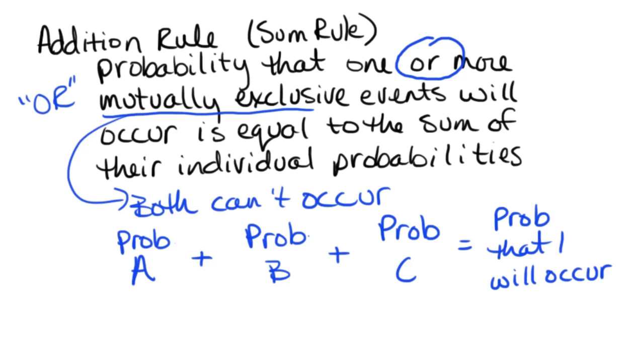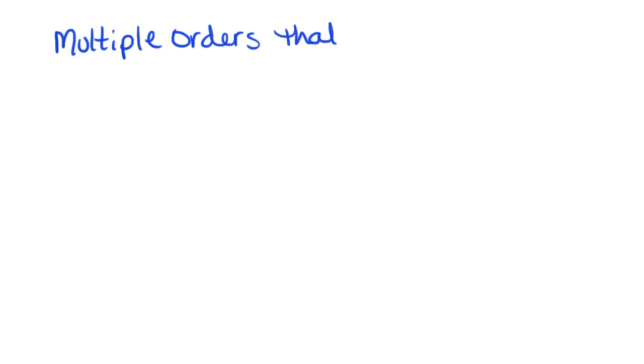So let's look at an example of where we would use this. One place where we do see the addition rule used a lot is when we're talking about something happening in different orders. So if there's multiple orders that the event could occur.